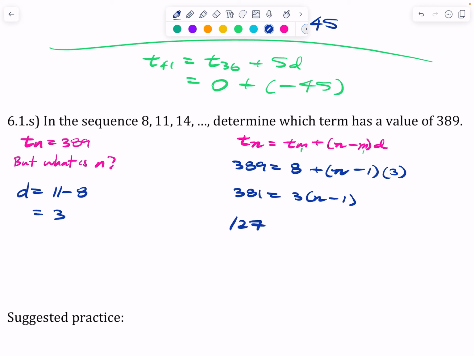But again, you do have a calculator, so you can use that to your benefit. And then finally adding 1 to both sides. And this example is done.